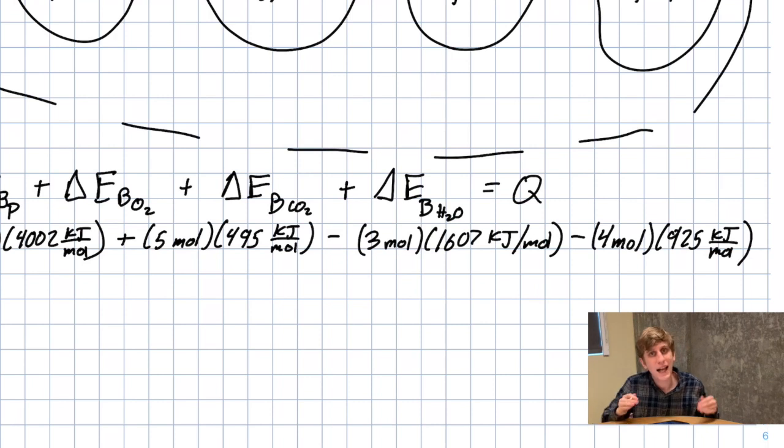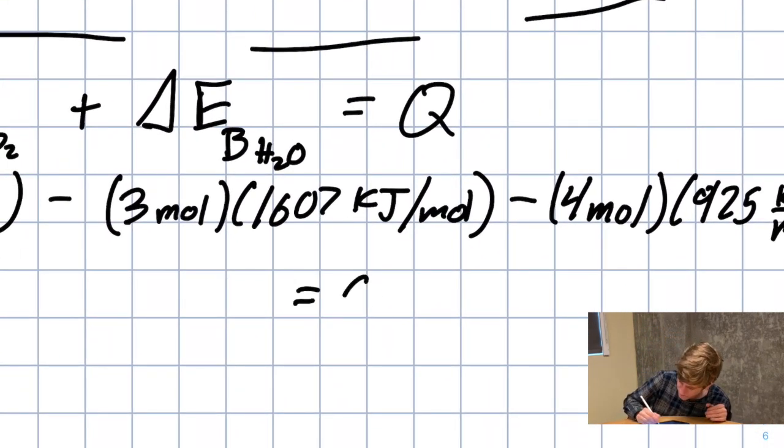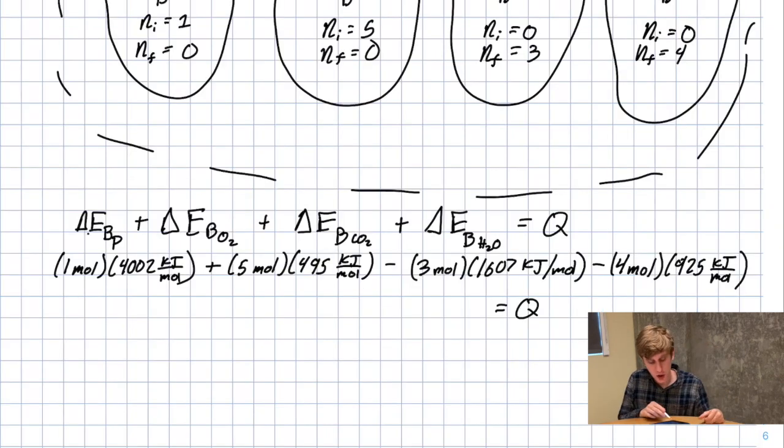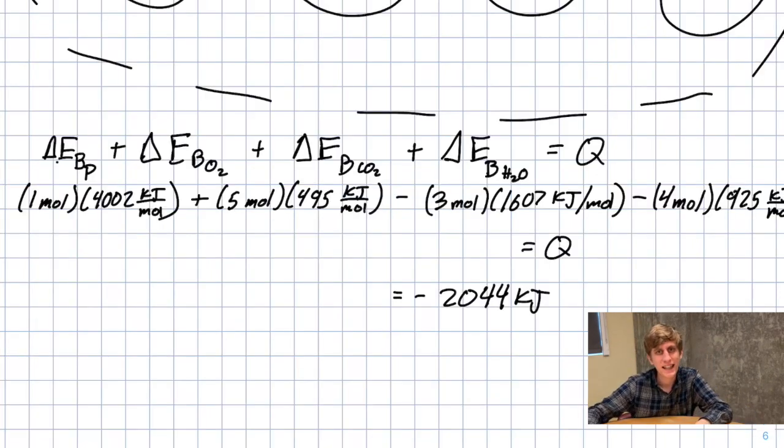All this has to equal the heat entering or leaving the system. Now all we have to do is plug all these numbers into our calculator and determine the value. The number I get is negative 2,044 kilojoules. So the heat leaving the system is 2,044 kilojoules.